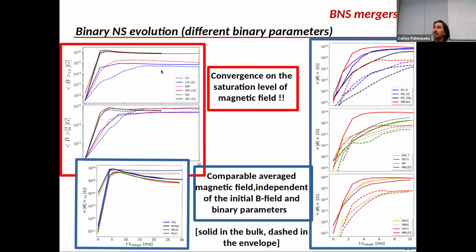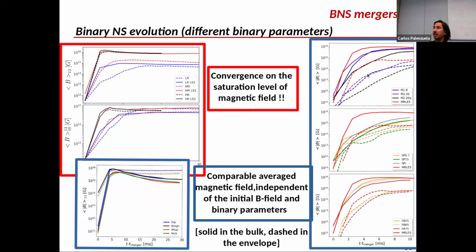But when we use the LES, the medium and the high resolution already gave the same results. So we found some sort of convergence on the saturation level of the magnetic field for the very first time. So it seems that the LES techniques are actually capturing some of the smaller scale effects of the simulations.